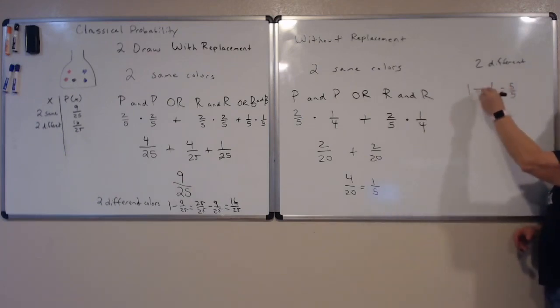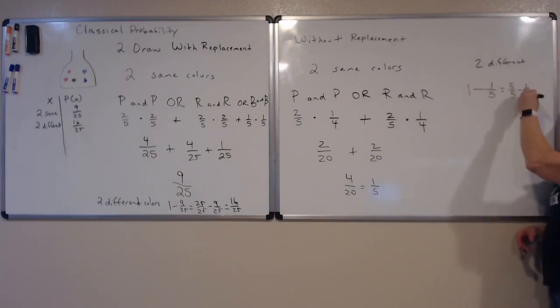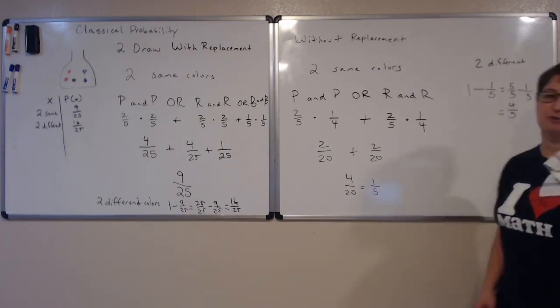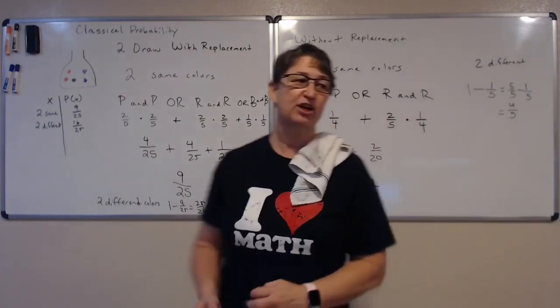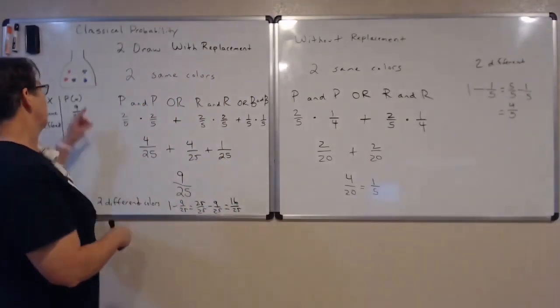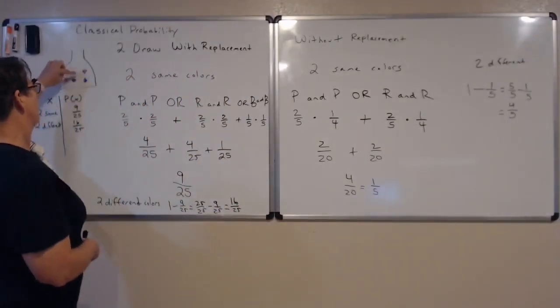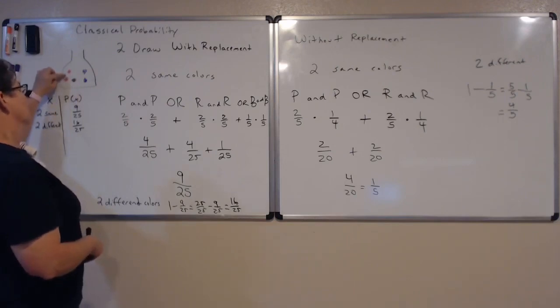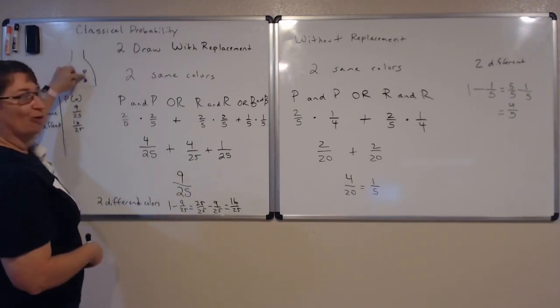So I've got 5 over 5 minus 1 over 5. So this is 4/5. These two make up the whole set. So looking for the complement sometimes can help you, because if I were going to go through and do all the ones that were different, we kind of talked about it yesterday that I'd have to do purple and black, or black and purple, red and black, or black and red, red and purple, or purple and red.